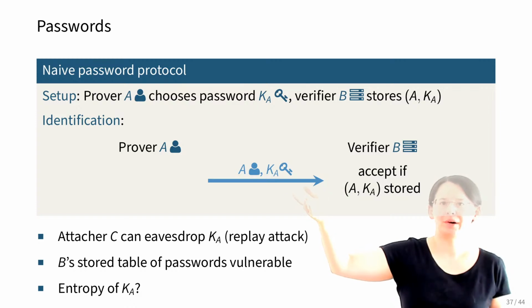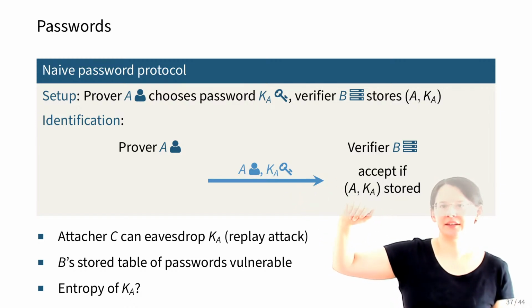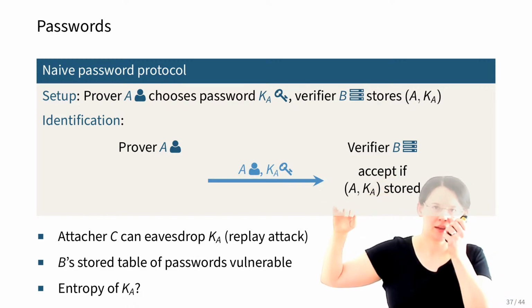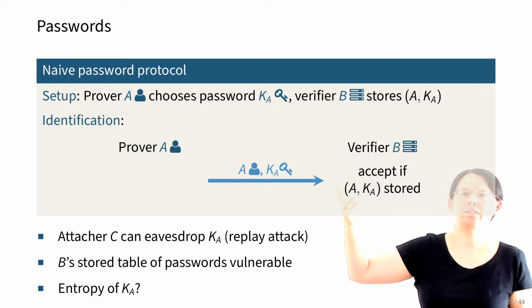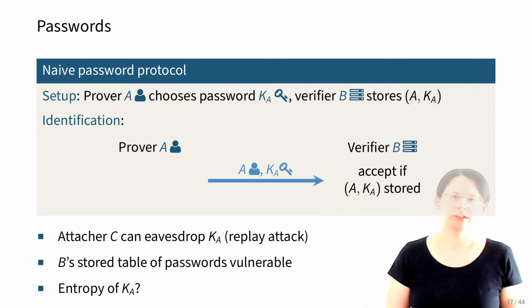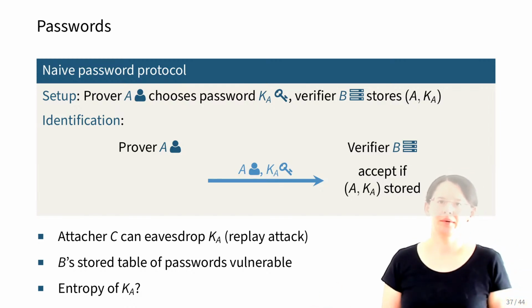So always publish your key and just send it in plain. The other thing is that Bob usually has a stored table of values, and if this leaks, then all keys are written there in plain text, which, since servers are attacked pretty often and such tables also do leak from time to time, is a big problem.